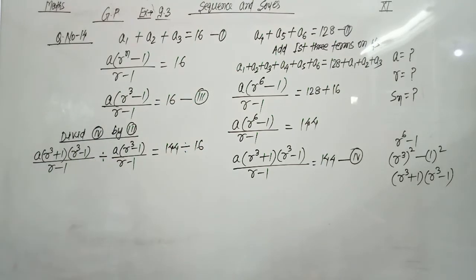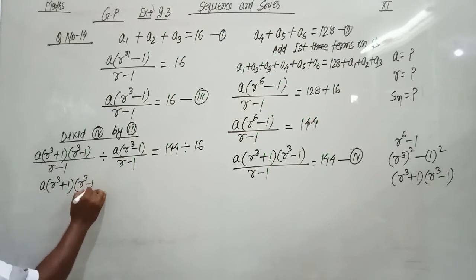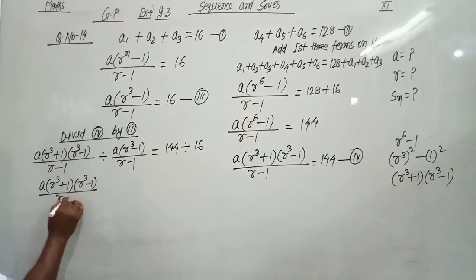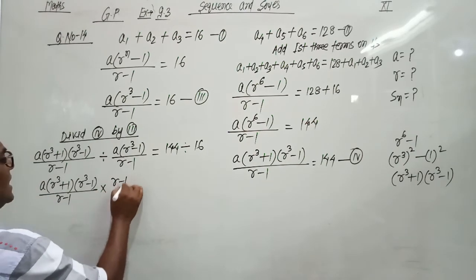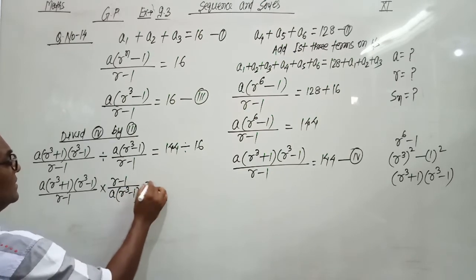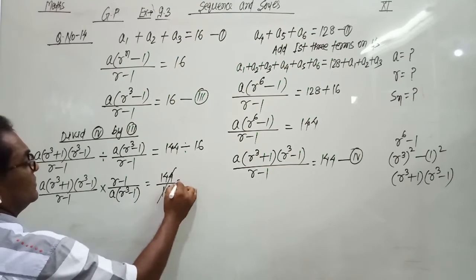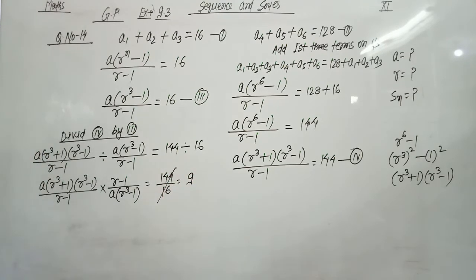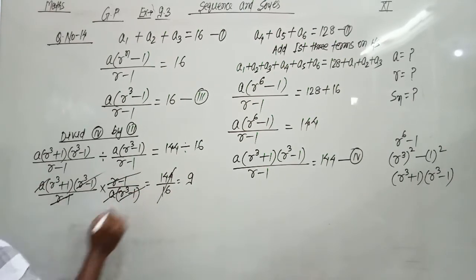When we put it in multiplication form, it becomes A into R cube plus 1 into R cube minus 1 upon R minus 1, into the reciprocal, R minus 1 upon A into R cube minus 1, and 144 divided by 16 we get 9. R minus 1 cancels, A cancels, and R cube minus 1 cancels.